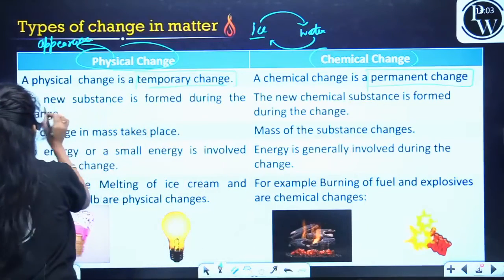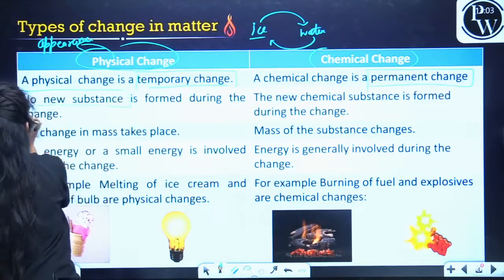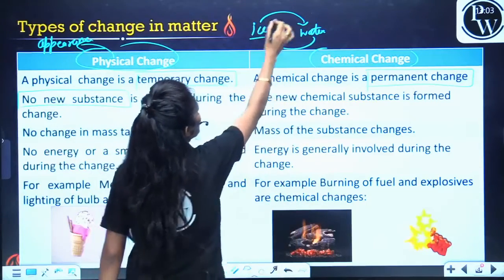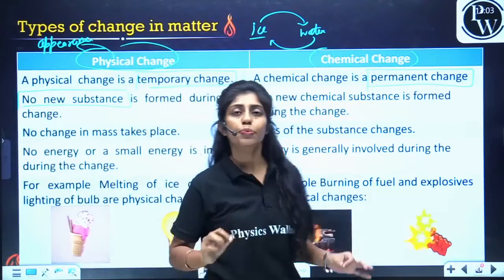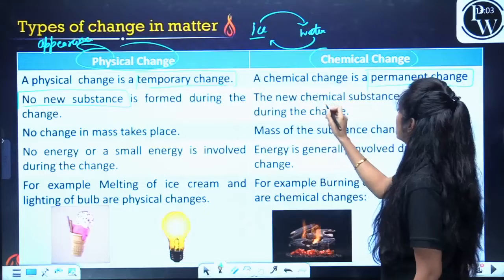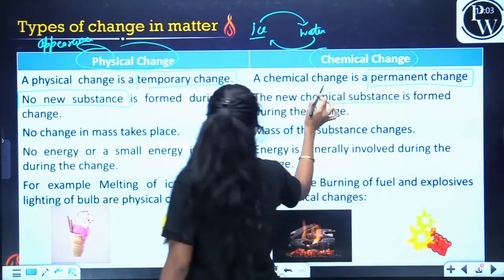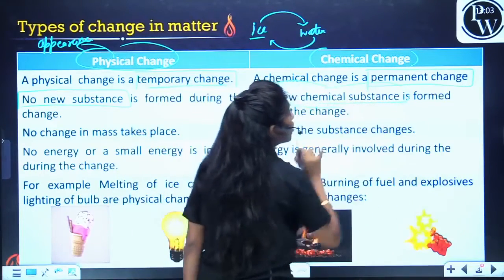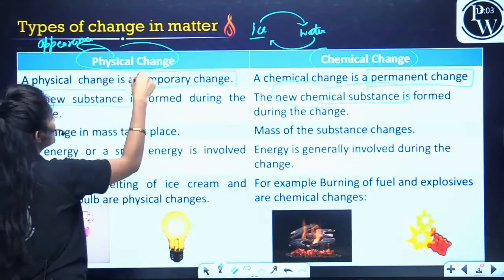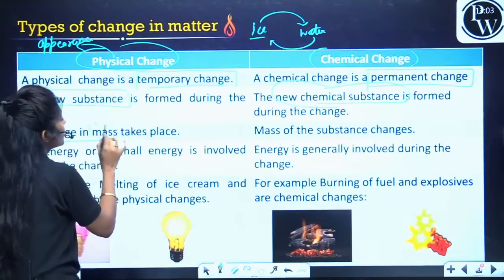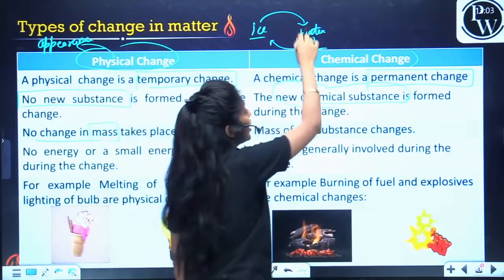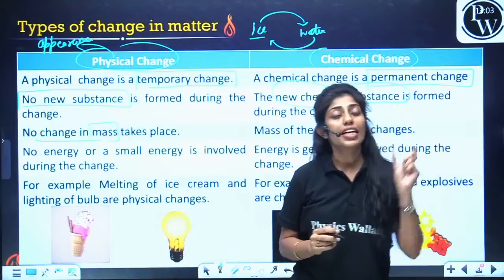Now see, in a physical change, no new substance is formed. Here you can see ice to water, water to ice. Any new product you can observe? No. But in a chemical change, there is always formation of a new chemical substance. Very important. Now number 3, in a physical change there is no change in the mass. Whatever amount of ice you take, it will be converted into an equal amount of water.